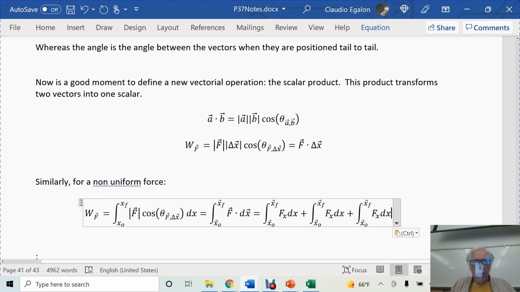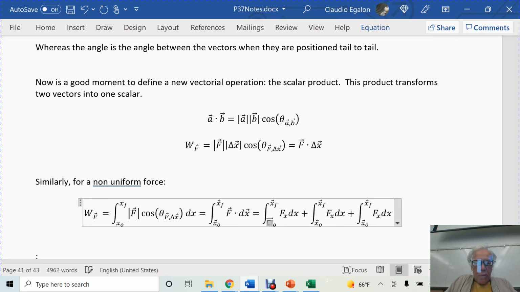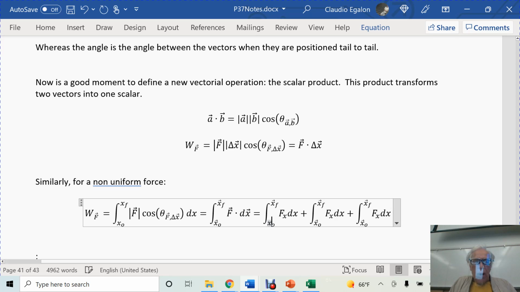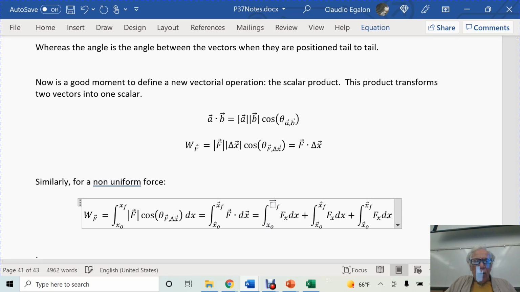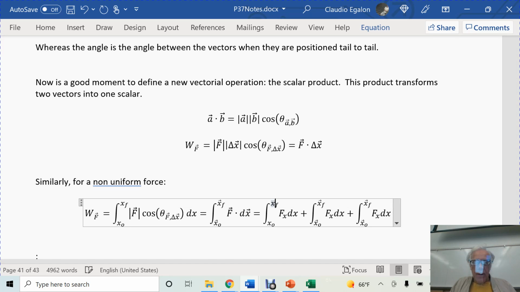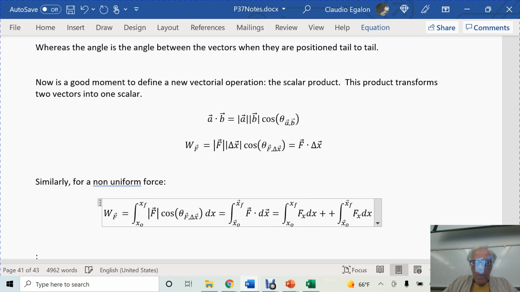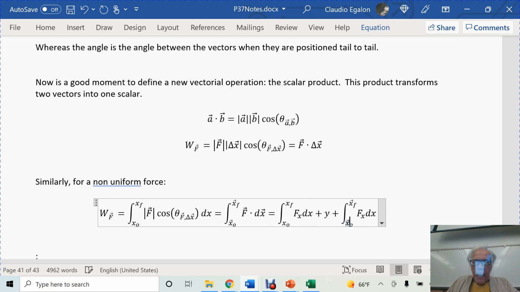Okay, here we go, x naught to xf, scalar x naught to scalar xf. Now there is no need to have a cosine theta there. Here is going to be fy dy, fz. I'll change the limits very soon, hang in there.